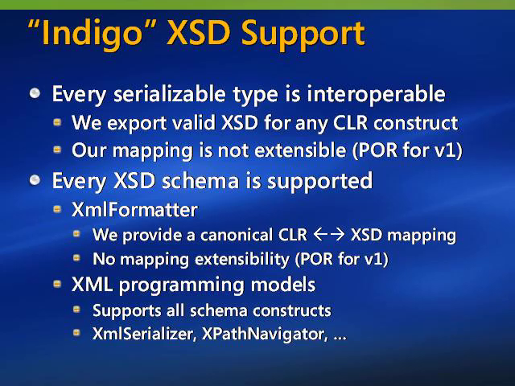That's something that we're taking a hard look at. Mapping is important to us, but our current plan of record is that mapping from CLR construct to XSD is not extensible. Now, you may say, great, Doug, I'm glad every type that I create that is serializable is also interoperable. That's wonderful. I'm putting words in your mouth. That's great. Now, what about all my XSDs?